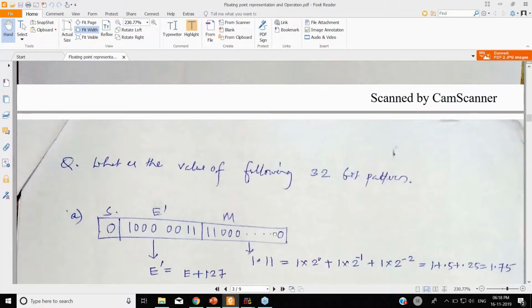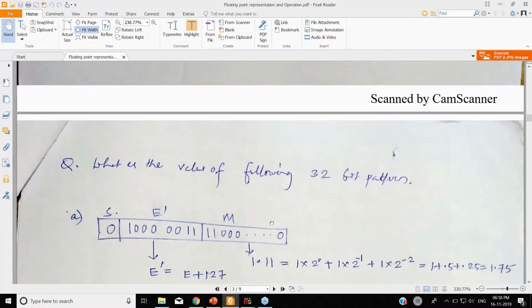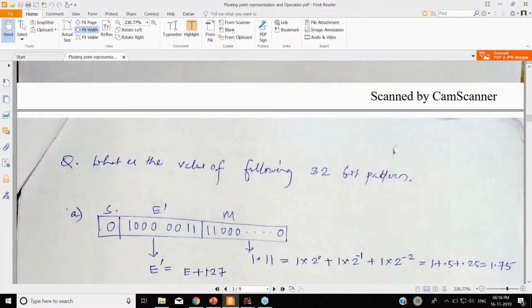With this basic knowledge, if you want to write down the value, you may write it. The value is equal to minus 1 to the power s into 1 point mantissa, or the fractional value, into 2 to the power of the exponent.